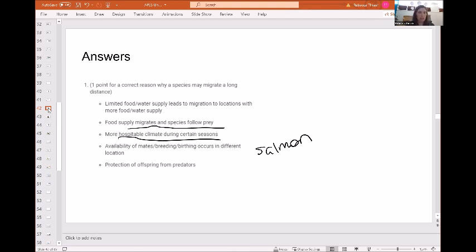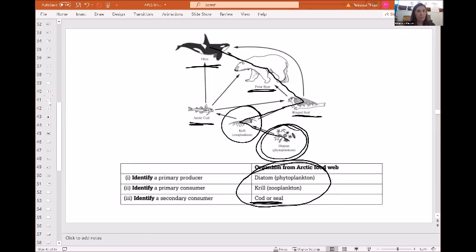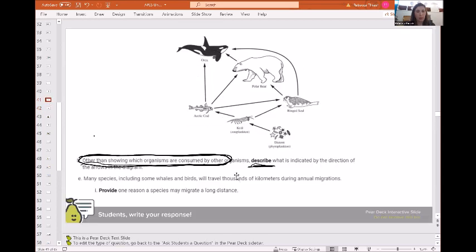It's very energy intensive. Or maybe they want to go someplace where their offspring is going to be protected from predators. That's what the salmon do here. They leave the ocean because their offspring will be better protected in these small breeding pools than in the huge open ocean.